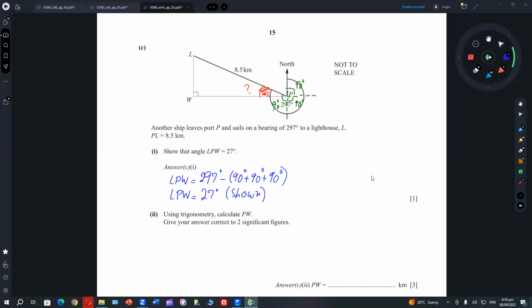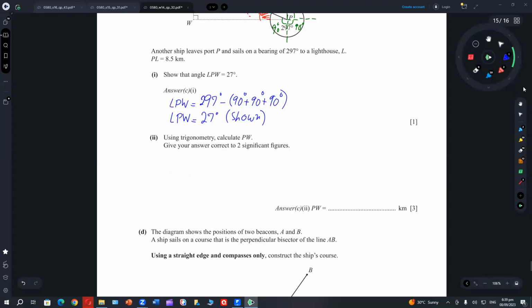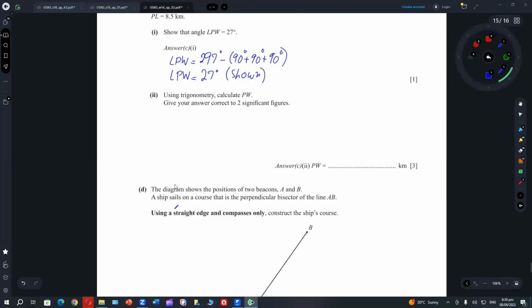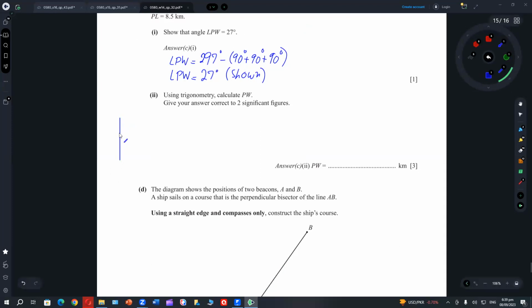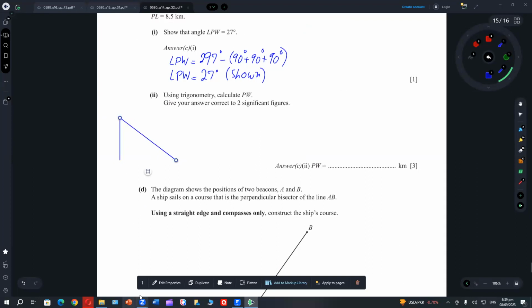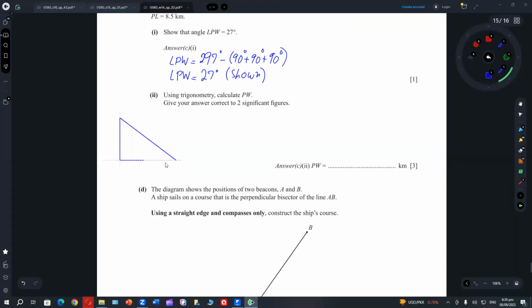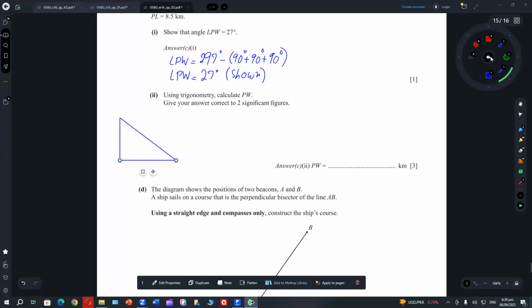Using trigonometry, calculate PW. Give your answer correct to two significant figures. Draw the diagram with me again.